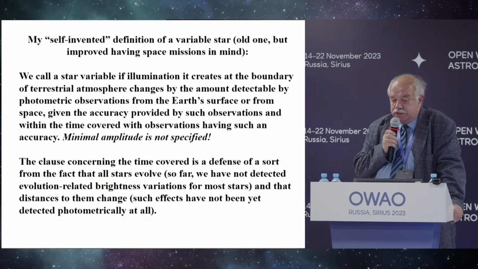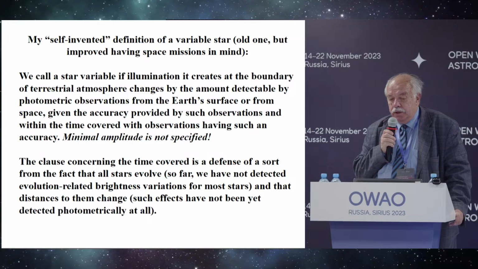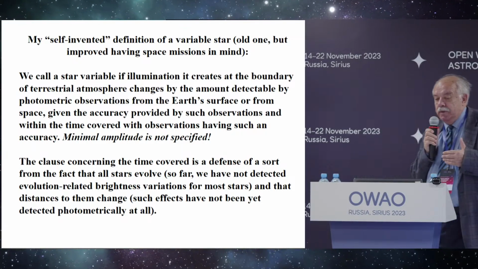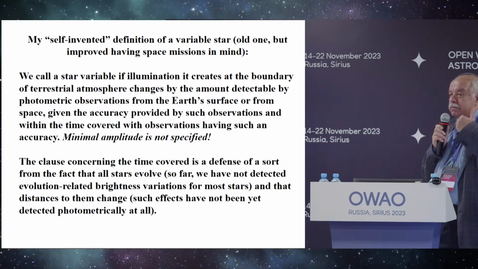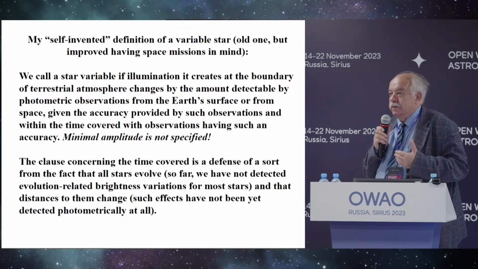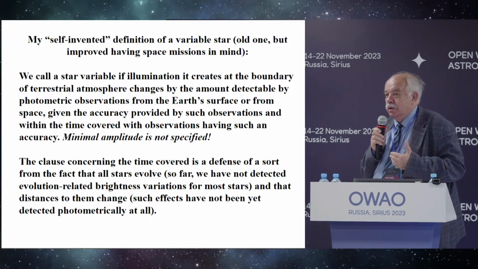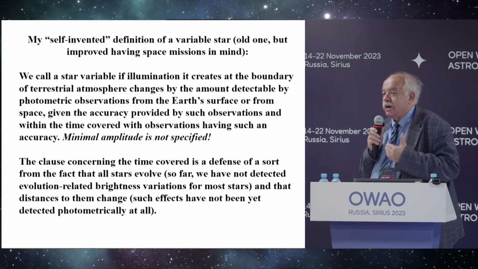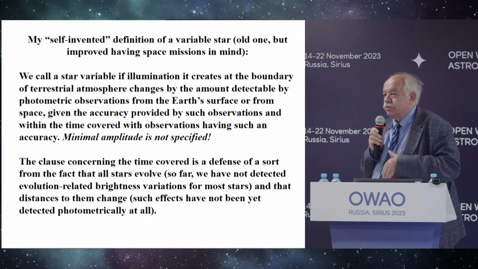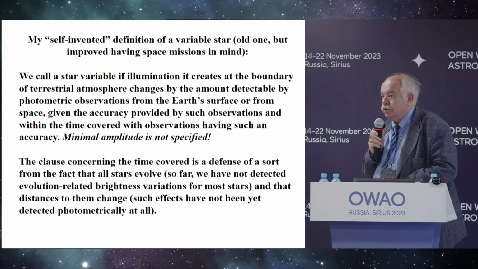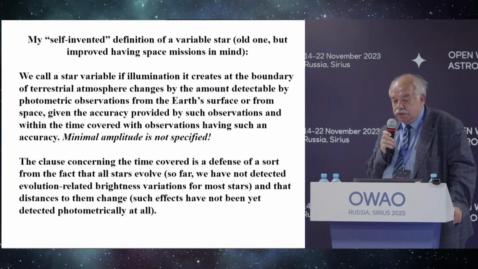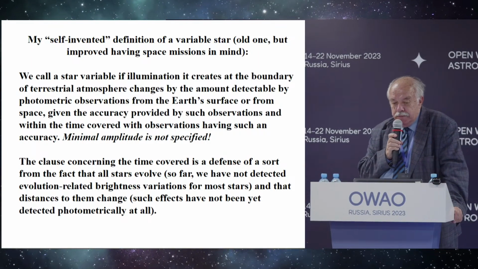We call a star variable if illumination it creates at the boundary of terrestrial atmosphere changes. Why say this? We do not want to call variable a star whose brightness varies because of transparency, because of clouds. All atmospheric reasons should be excluded.